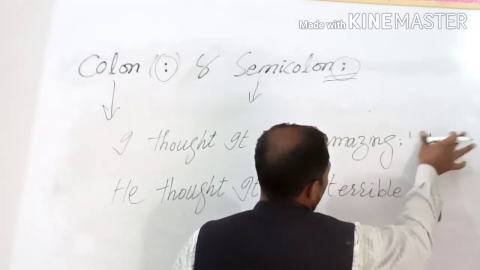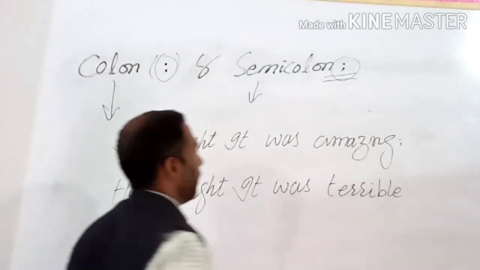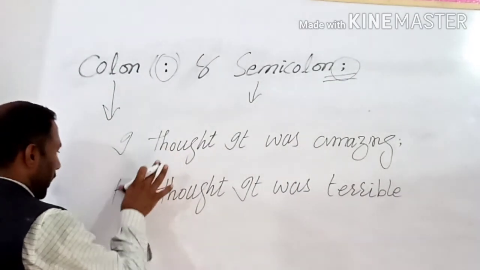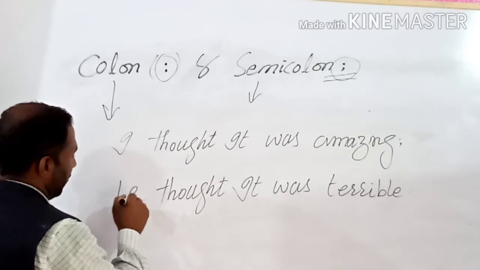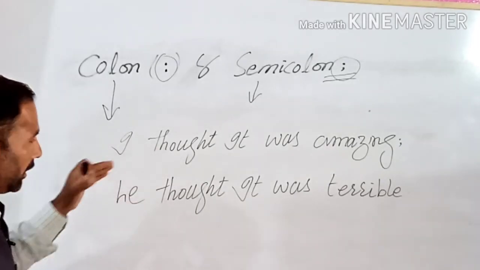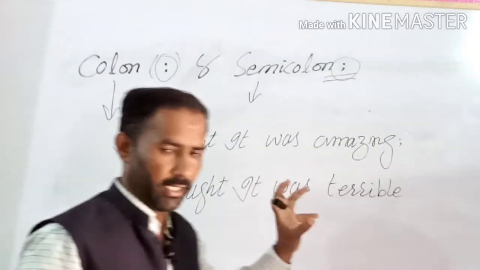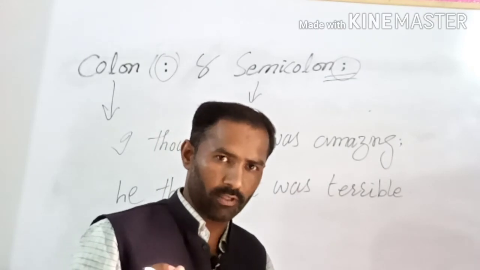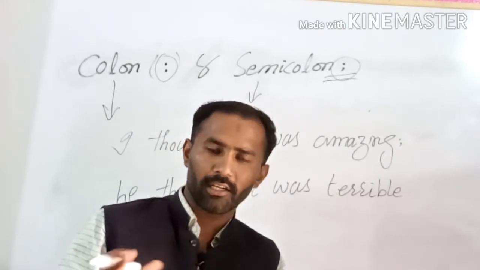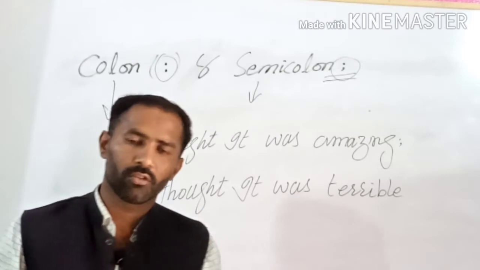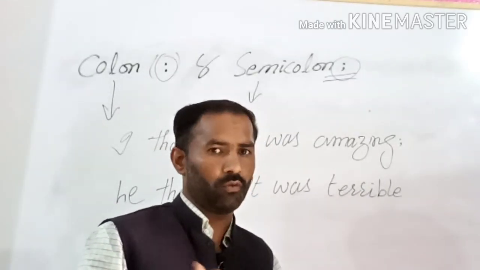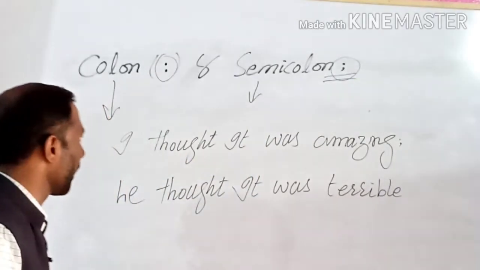That time we would not use a conjunction. After this, we would use the lowercase letter he. In this way, we can connect these two sentences when the same ideas are being given. That time we can connect those sentences by using a semicolon.